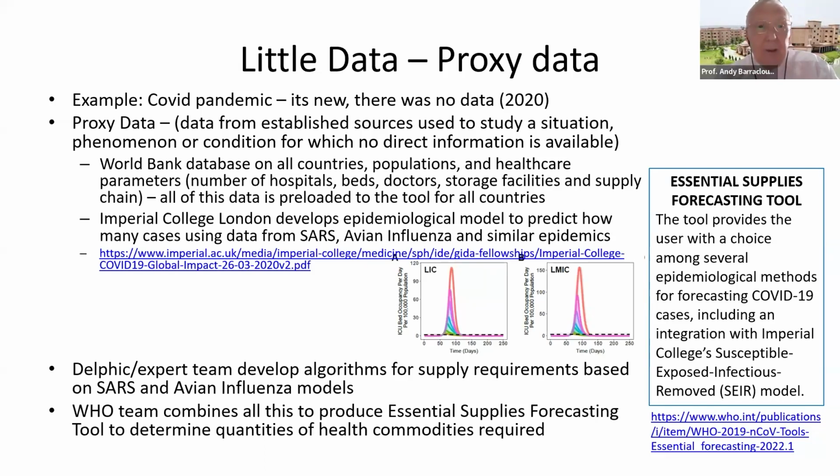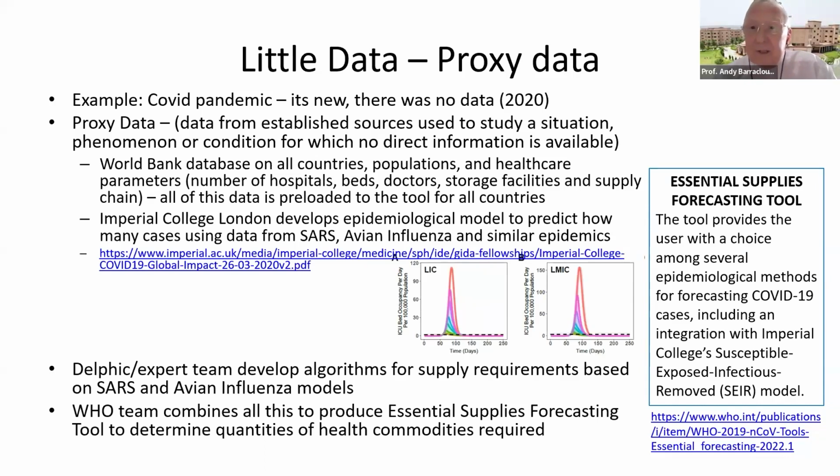Imperial College London developed epidemiological models. How many cases are you going to get? That was proxy data. We didn't know how many cases. We did a survey and we developed an algorithm, a model. And then we put together algorithms for the supplies using the systems we collected during SARS and avian influenza. How many gowns do you need per patient?